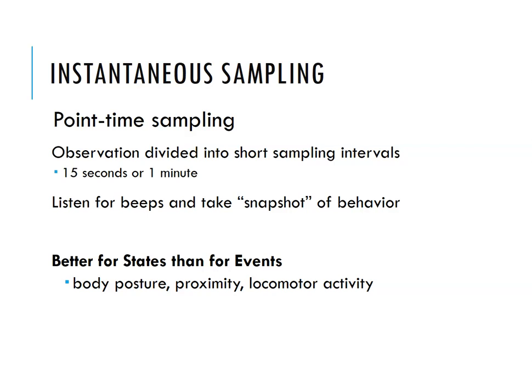The first is called point time sampling, where you're essentially taking a snapshot of the behavior every 15 seconds, 30 seconds, 1 minute, maybe even once an hour, however often you want. You go and you observe this behavior occurring and record it in that way.